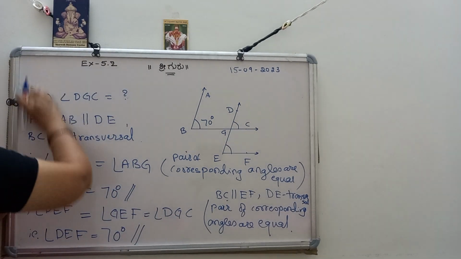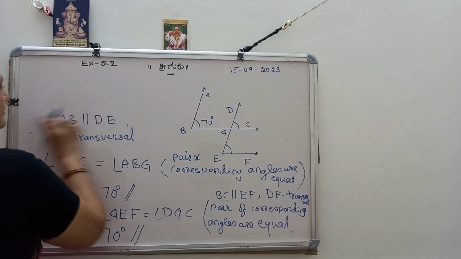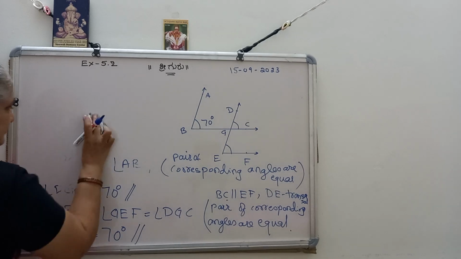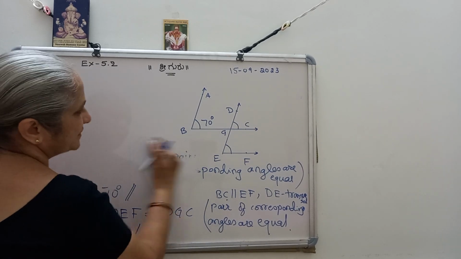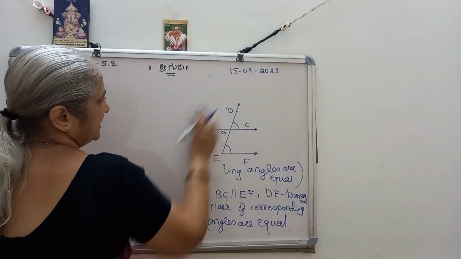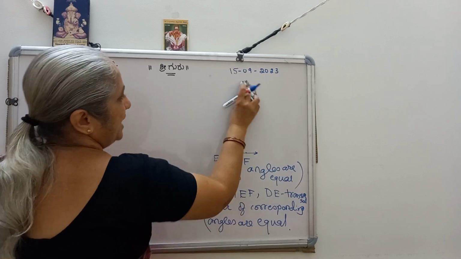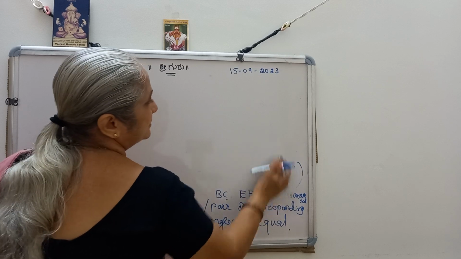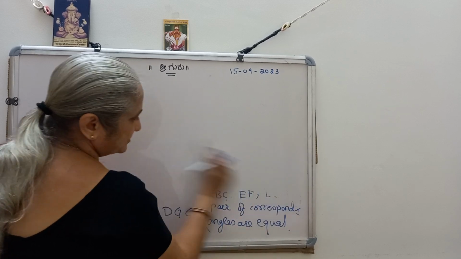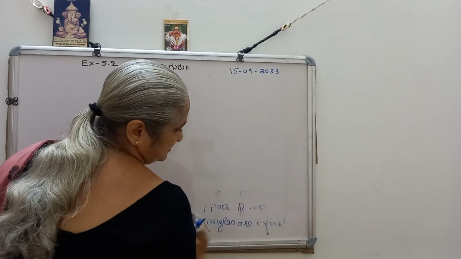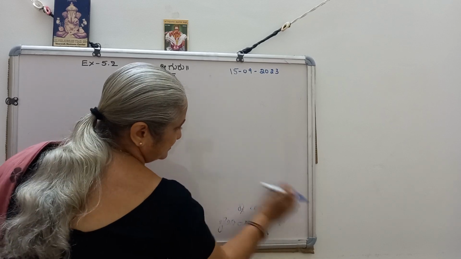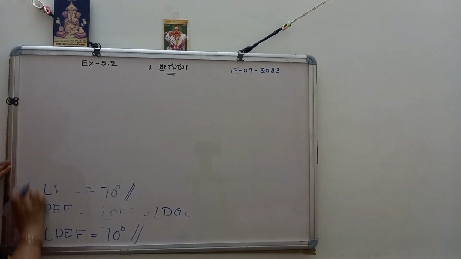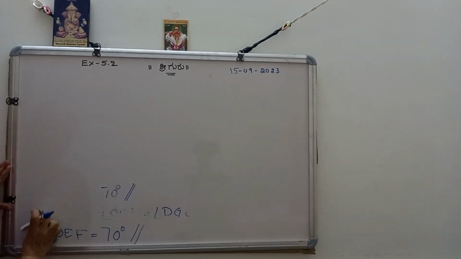Sixth one. Recognize the parallel lines and the angles. If the angles are equal, when are the lines parallel? What are the conditions to be parallel?